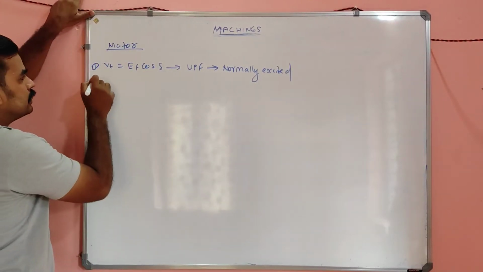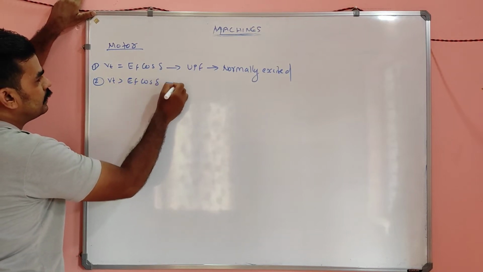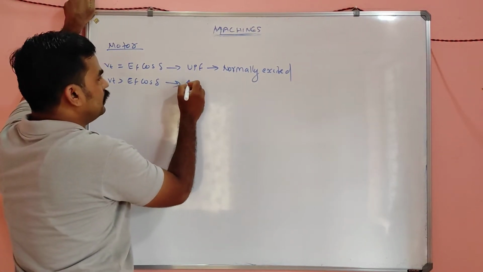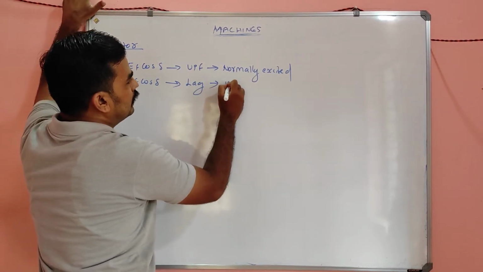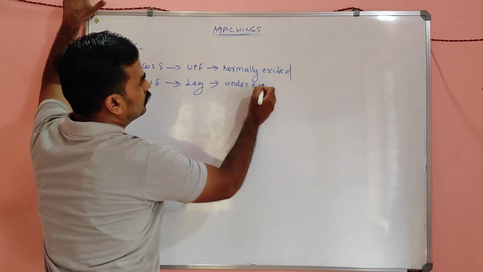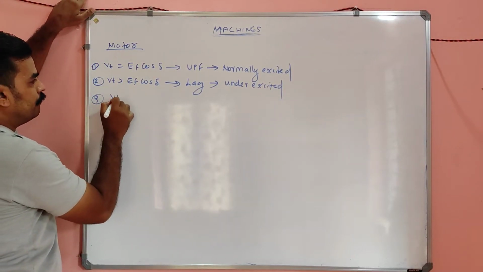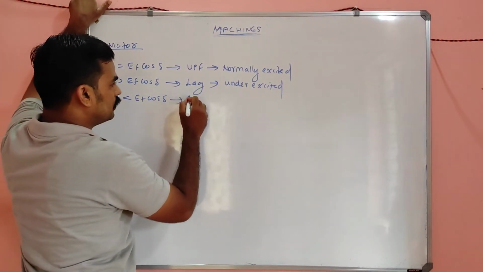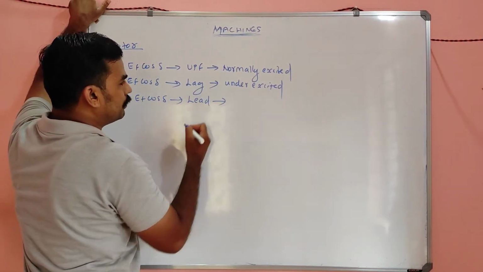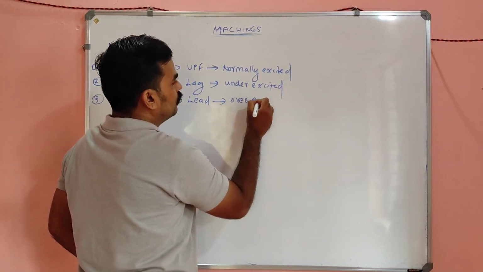Second, Vt greater than Ef cos delta means it is in lagging power factor condition and under excited. And if Vt less than Ef cos delta, it is in leading power factor condition and we say that it will be over excited.